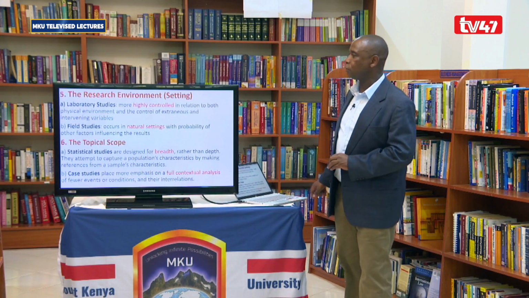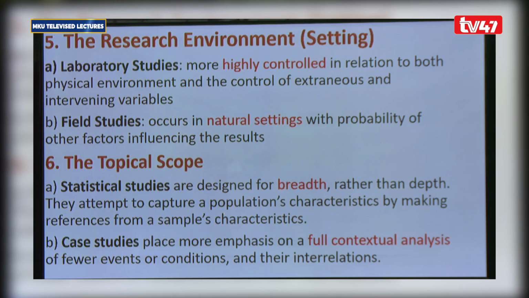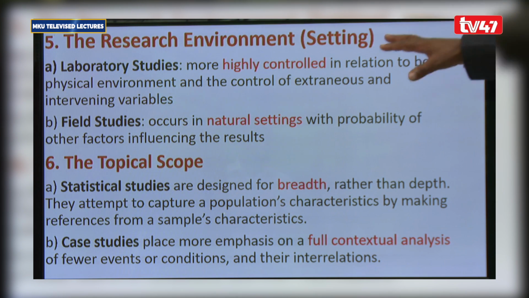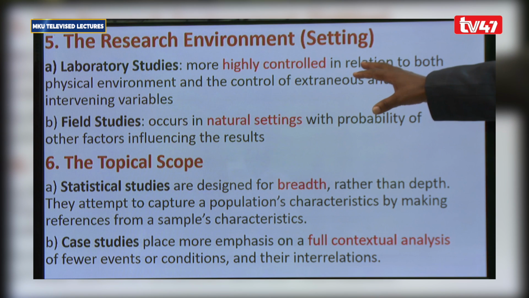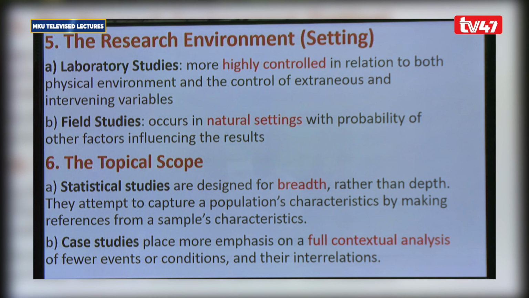You can also classify research in terms of the research environment in which you are operating in. There is research that is conducted in a laboratory, which means that it's a highly controlled environment. The possibility of other factors interfering with your research is limited. So in laboratory settings, you have a better control of certain factors, especially the natural sciences.